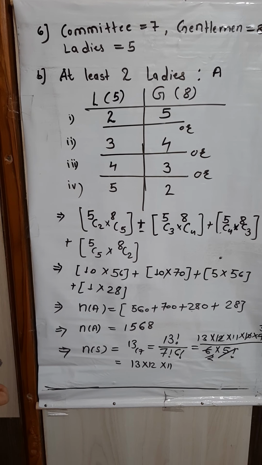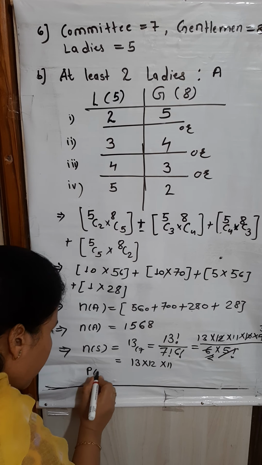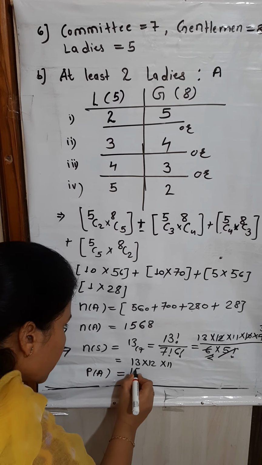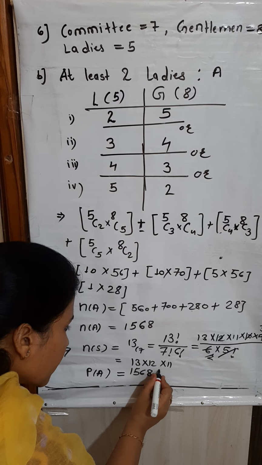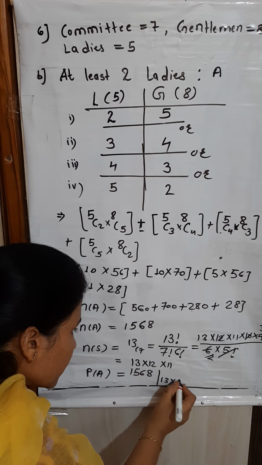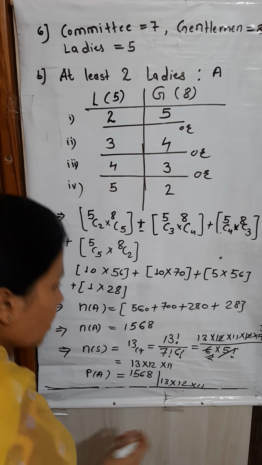Now the final answer. What is the final answer? So probability of event A is 1568 divided by 13 into 12 into 11.